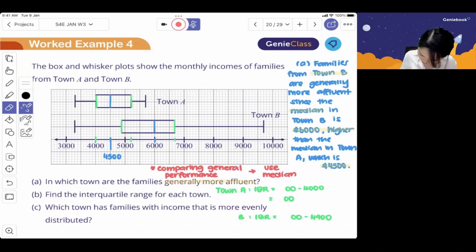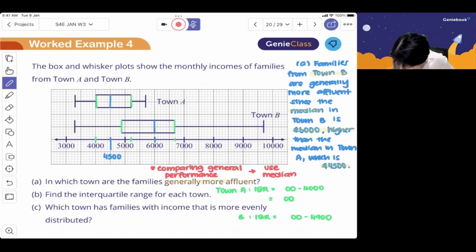So this is supposed to be 5200 minus 4,000, and 6,600 and 6,700. So the interquartile range for town A is actually 1,200. The interquartile range for town B is 1800. That is our answer for part B.